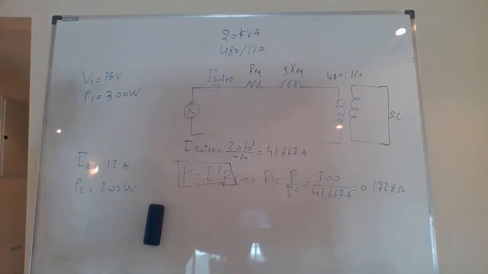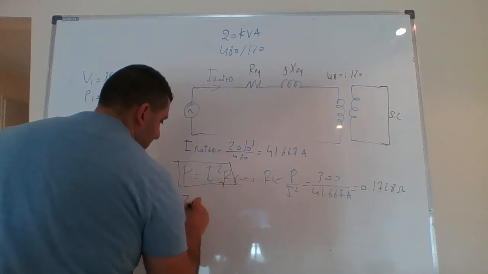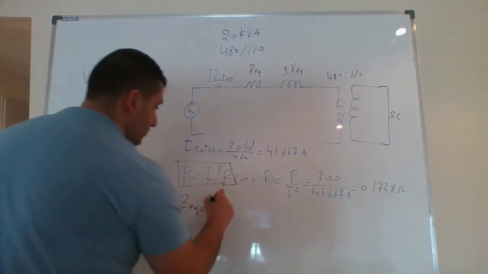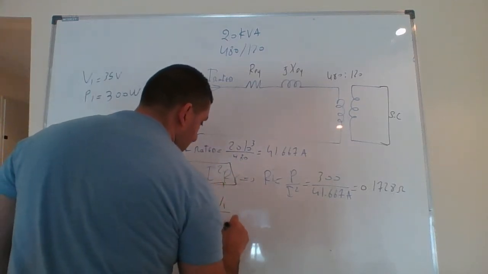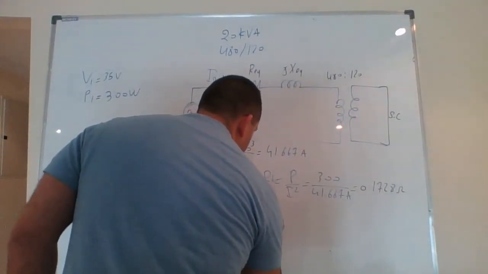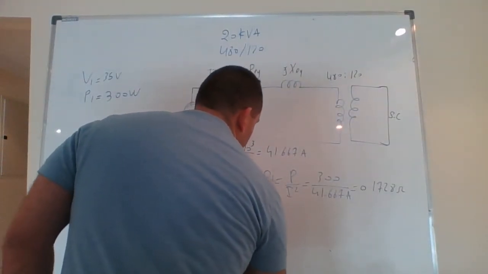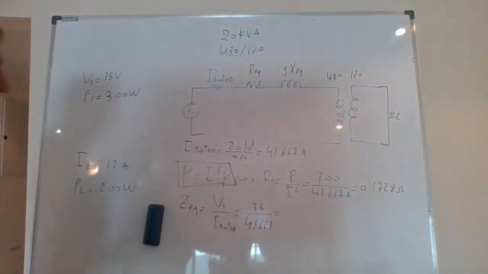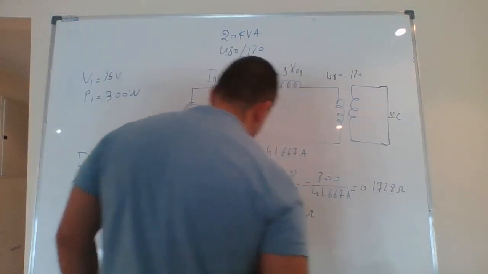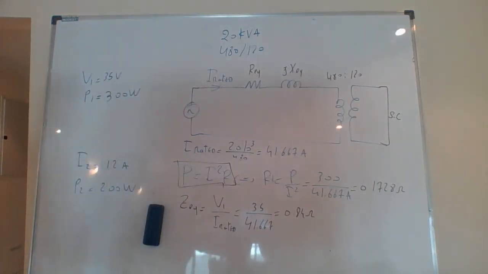Z equivalent would be equal to V, which is IZ, so V1 divided by I rated, which gives us 35 divided by 41.667. Z equivalent will be 0.84 ohm. This is Z equivalent.